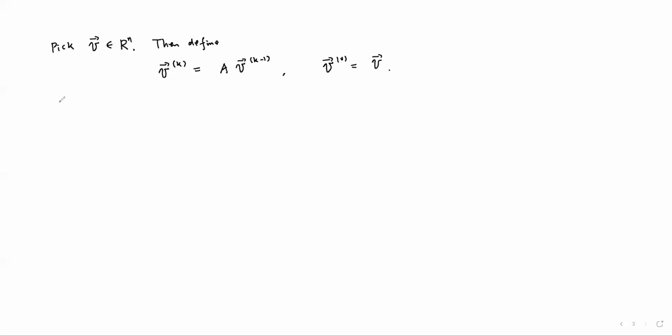Then it can be seen very easily that Vk is A^k times V0. V0 is the vector V. How to see this? Easy, right?